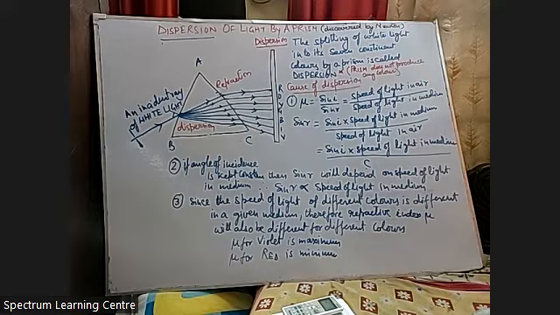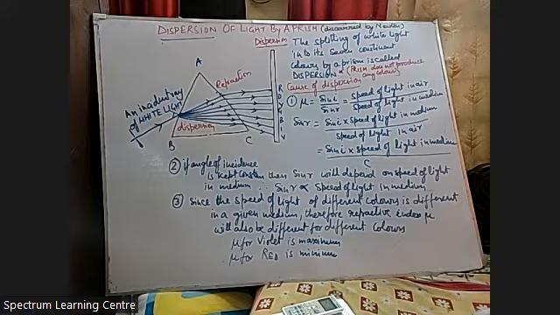Sir, I wrote this one, and by point number 2, did you mean that if the angle of incidence is kept constant and the speed of light in air is kept constant, then sin R will only change when the speed of light in medium is changed? Yeah, that is the thing. Okay, sir.